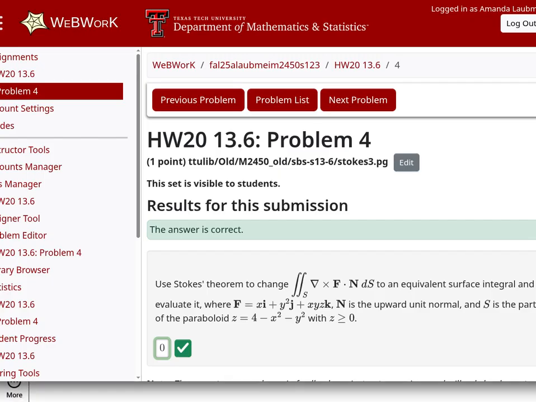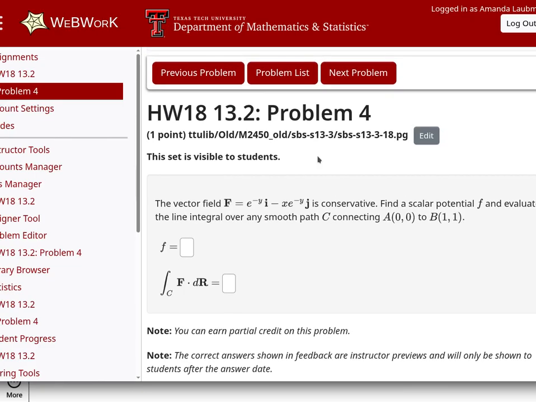Moving on, the second problem requested from the second person was homework 1813-2, problem 4. For this problem, we're given the vector field F equal to e to minus y i hat minus x e to minus y j hat.